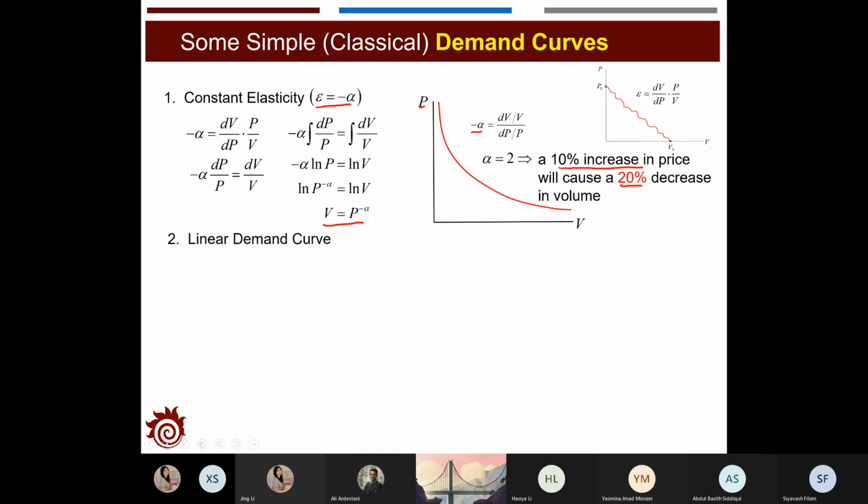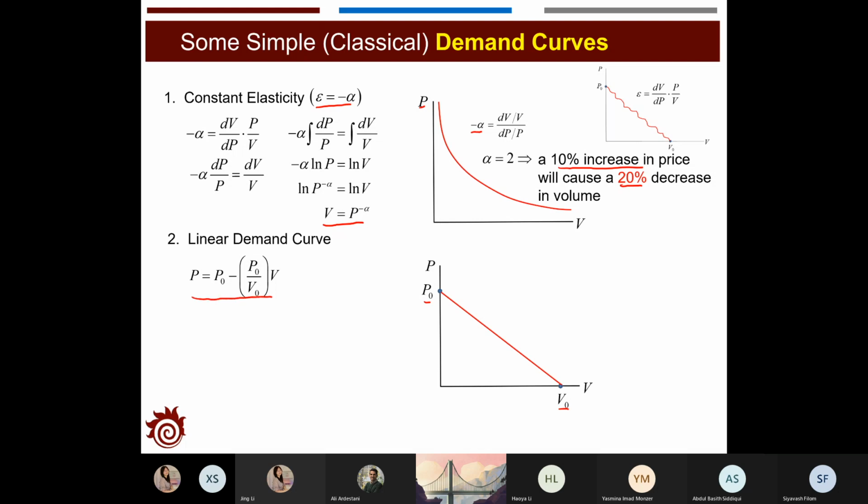And we can also check another function, the linear demand curve. As we know the two limit values, P0 and V0, for the P and V space, the most straightforward connection for these two points is a straight line. So you just draw a straight line to connect P0 and V0, and with these two points, you can identify the linear demand curve.